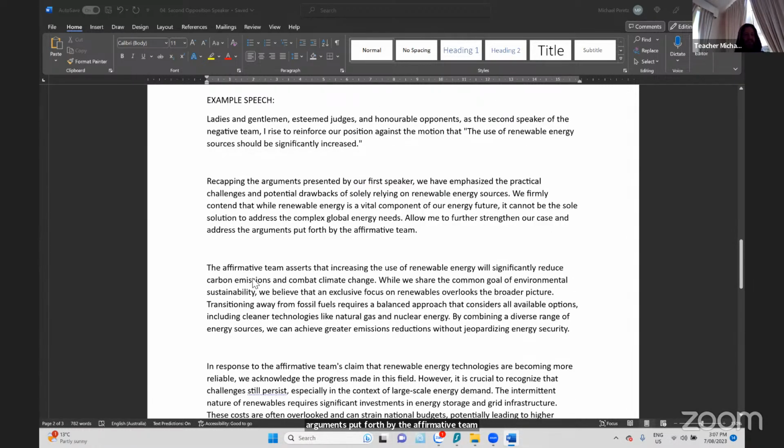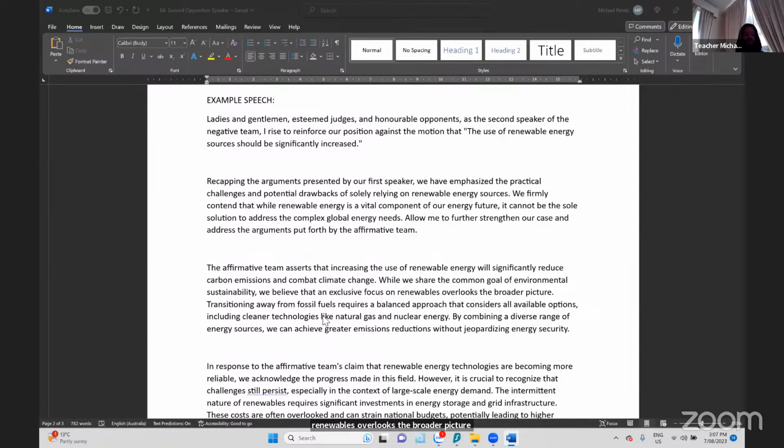The affirmative team asserts that increasing the use of renewable energy will significantly reduce carbon emissions and combat climate change. While we share the common goal of environmental sustainability, we believe that an exclusive focus on renewables overlooks the broader picture.